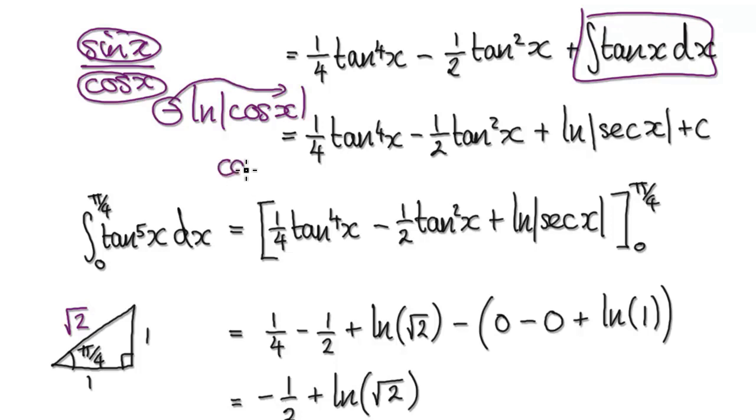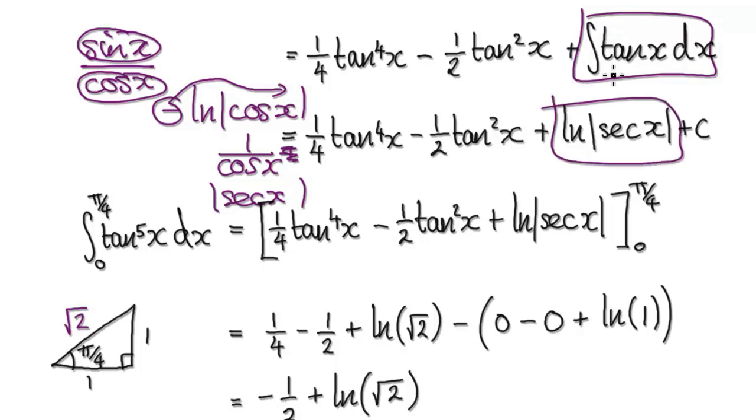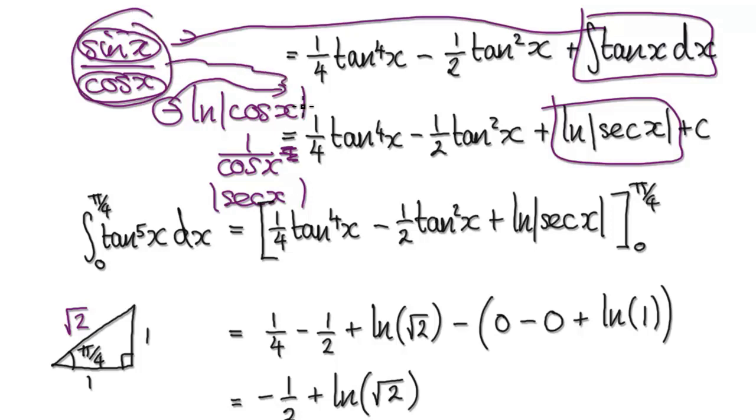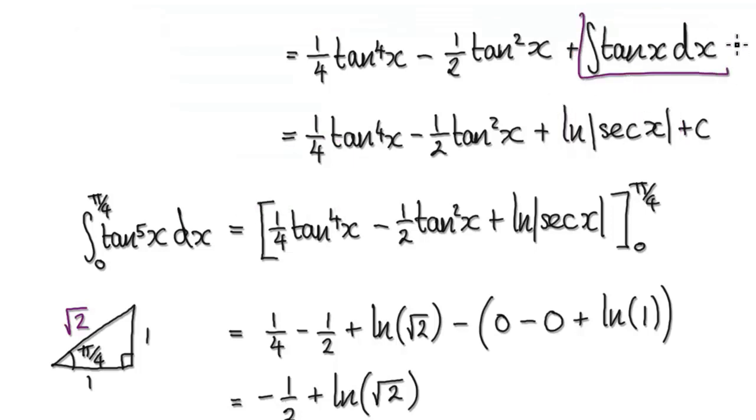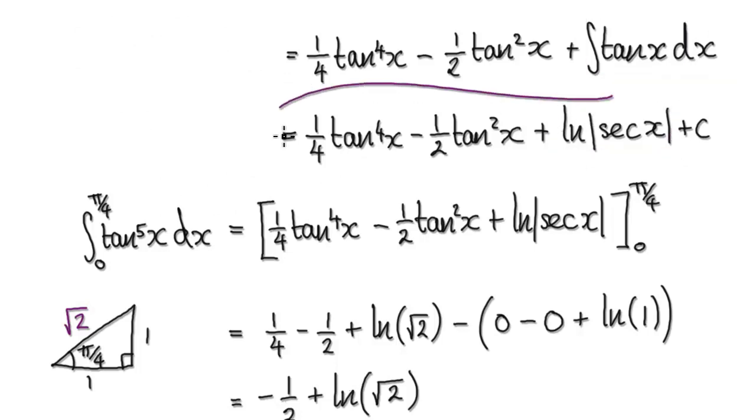That will then be cos x to the power minus 1, which is 1 over this thing here, which is secant of x. So you should know it by heart, but if you forget, then visualize this, and this will guide you to the natural log absolute value of secant of x. So integrate this. That will then give you this block. So that will then take us to here.